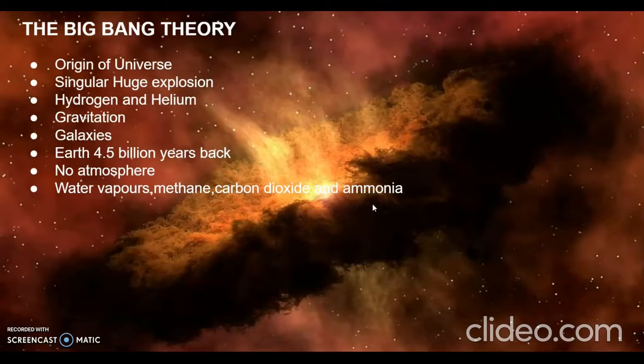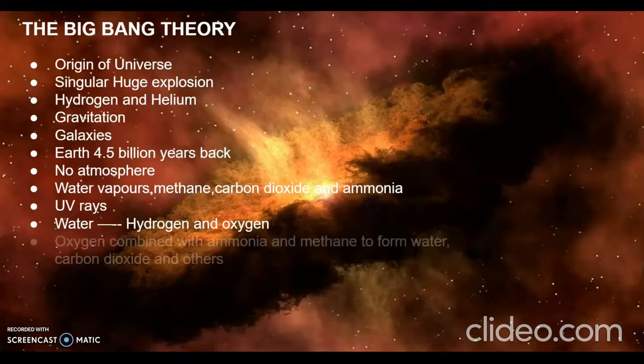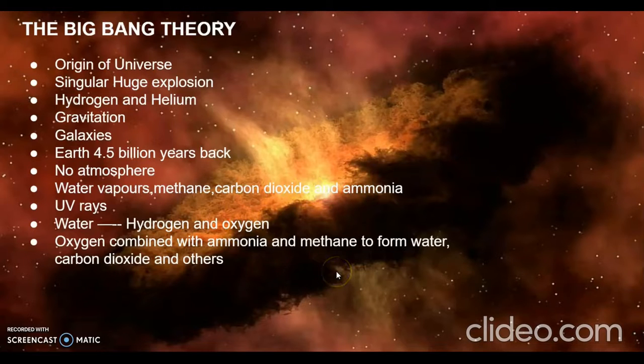The ultraviolet rays from the sun broke up water into hydrogen and oxygen, and the lighter hydrogen escaped. Oxygen combined with ammonia and methane to form water, carbon dioxide and other gases.